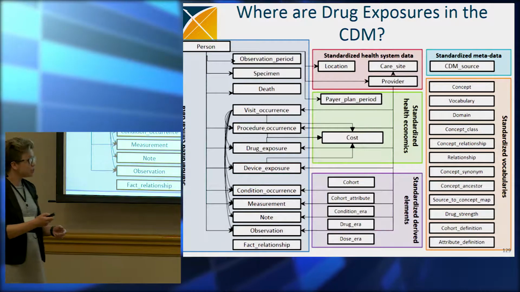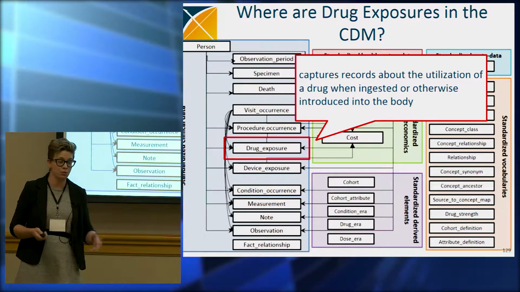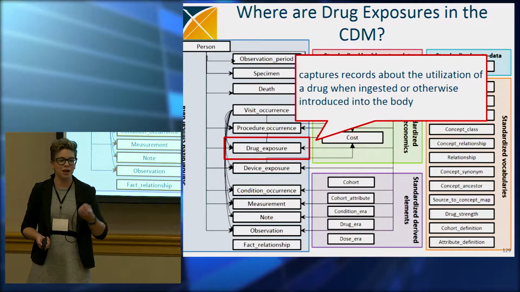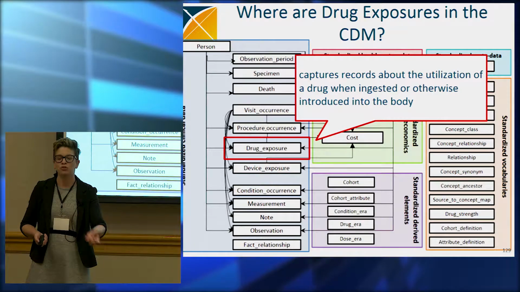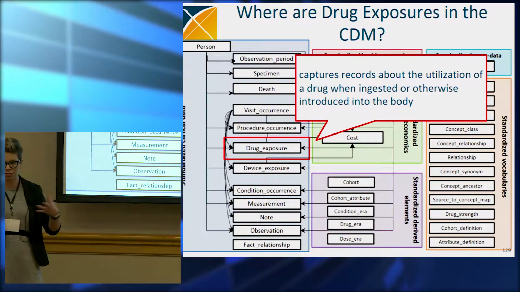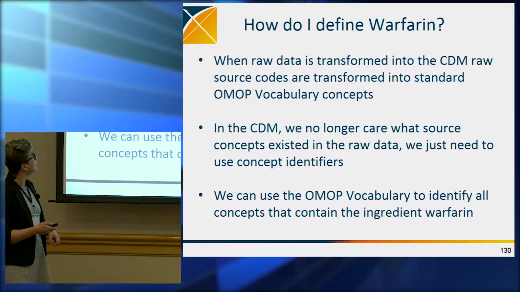This is wonderful. So yes, if we're going to look for drug exposures, it's going to be in the drug exposure table. And typically in the OMOP common data model, when we're thinking about exposures, this is drugs that the patients have actually ingested. That's how we think about it: there's actually exposure, or we believe there has been exposure.